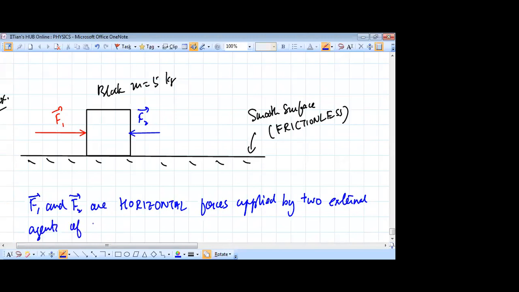Okay, of magnitudes, let us say 20 newtons and let's say 12.5 newtons respectively.